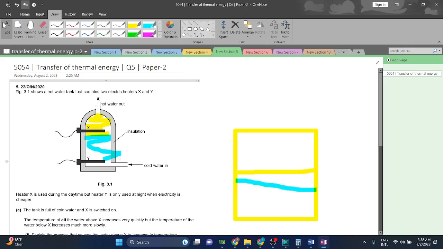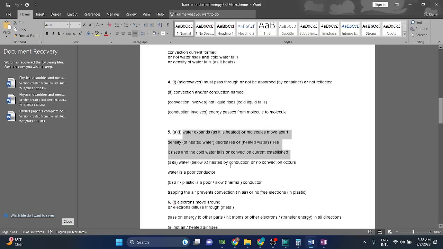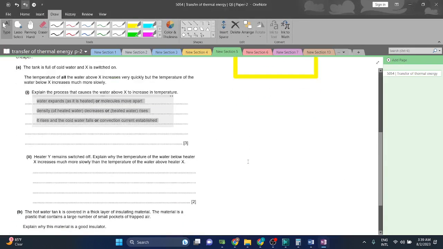Warmer water will rise and the colder water will sink. And when colder water sinks towards the bottom, it will be much more distant from X. Water below X is heated by conduction, no convection occurs. Water is a poor conductor. I told you this a little while ago as well.